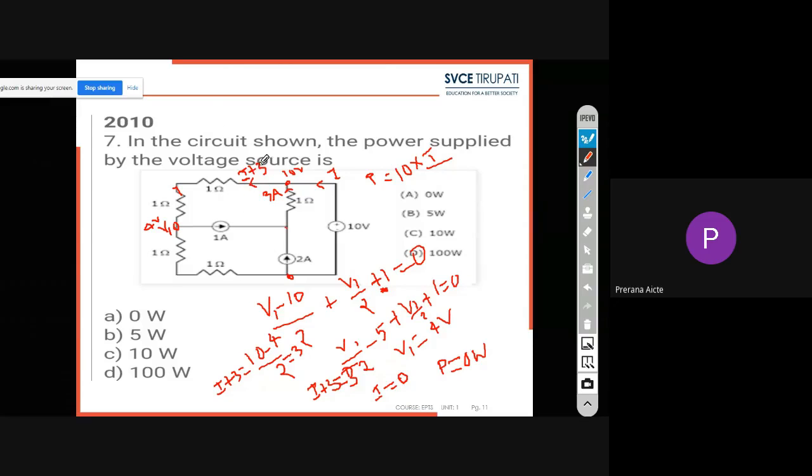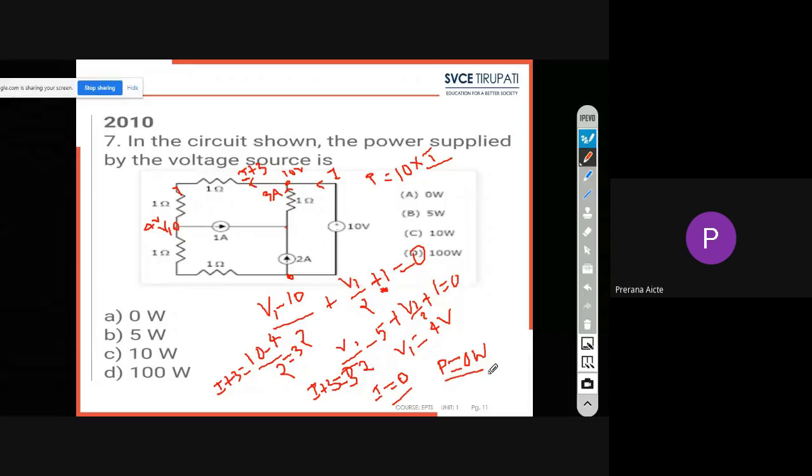I just need to calculate this I plus 3 value. I am applying nodal analysis and calculating V1. Once you know V1, the branch current direction is this direction. That's why I am taking 10 minus 4 by 2 equal to I plus 3. Then we get the I value as 0.